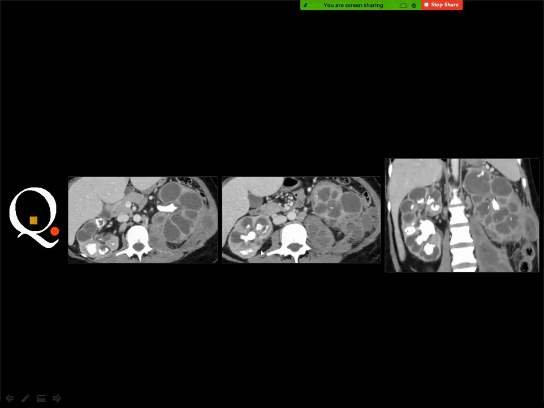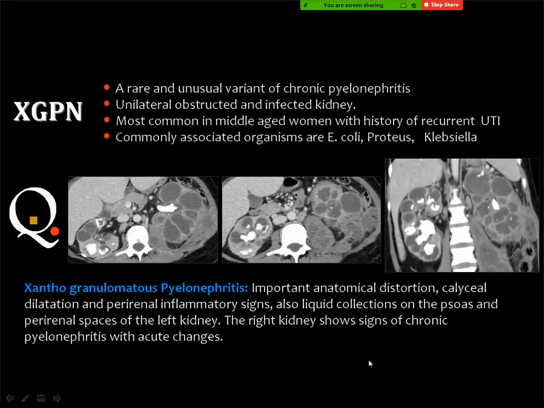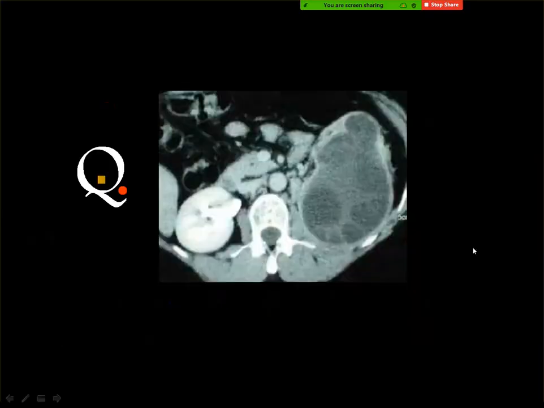But in cases of bilateral disease, you should consider which kidney may be kept, and the other more damaged kidney should be removed. They always said that xanthogranulomatous pyelonephritis is a unilateral disease, but sometimes you can get a bilateral disease, as you can see in this case.